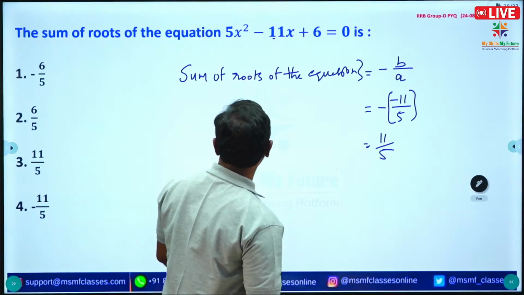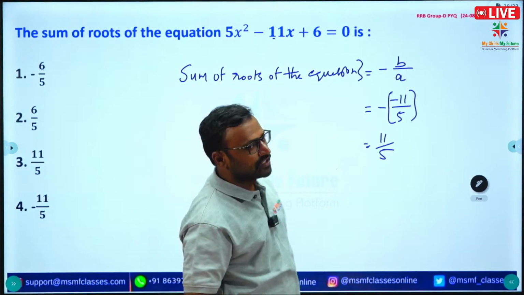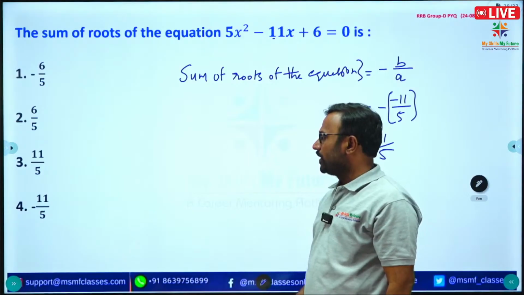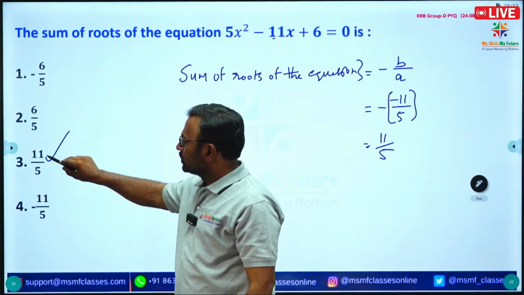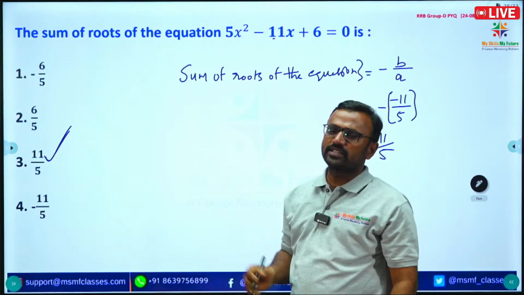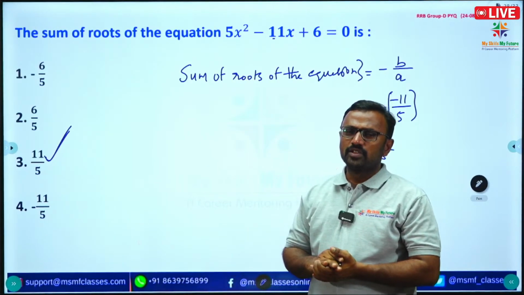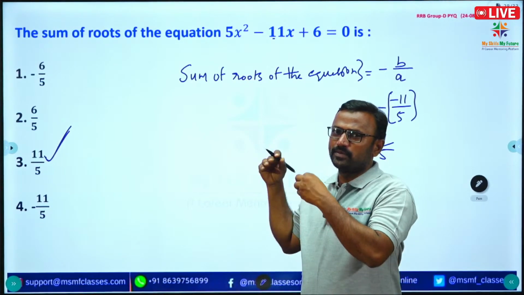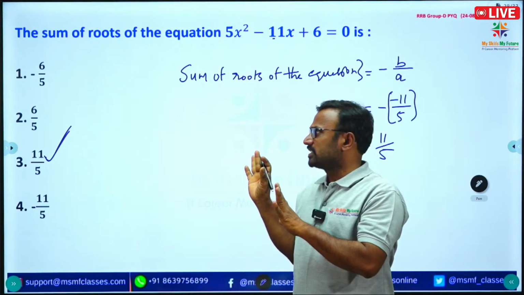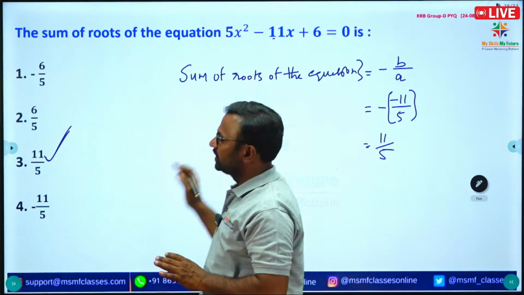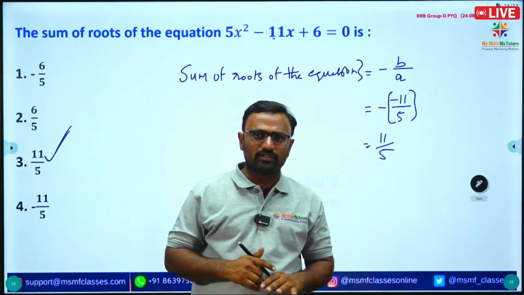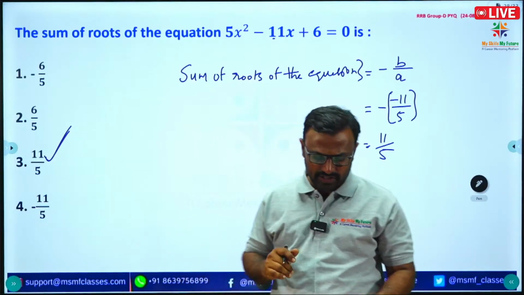So the sum of roots of the equation is 11 by 5. Option 3 is correct. These types of questions ask for the sum of roots or product of roots, and we have seen them many times. Just remember the formulas for the sum of roots and the product of roots of the equation. Next question.